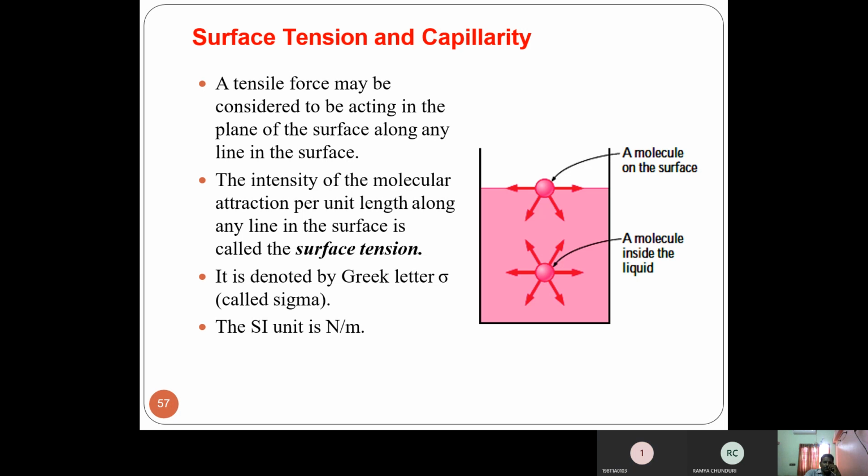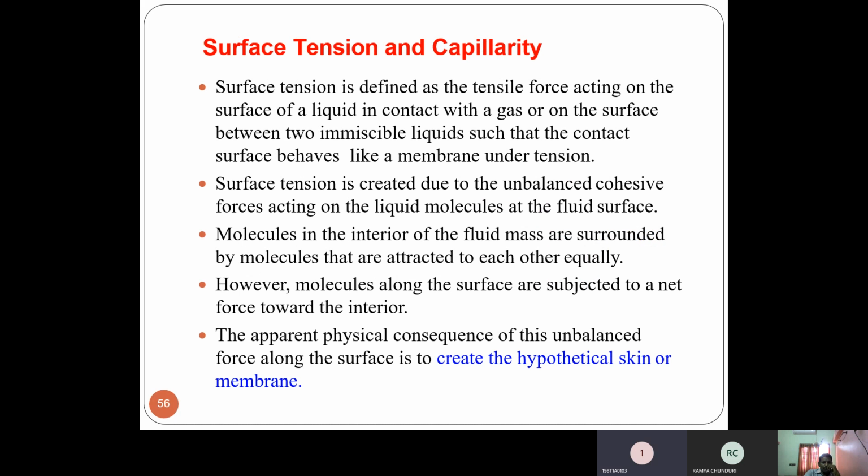This unbalanced cohesive force: the molecules in the interior of the fluid are surrounded by molecules, whereas the molecules along the surface are subjected to a net force towards the interior. Understand? There is a net, or unbalanced, force.